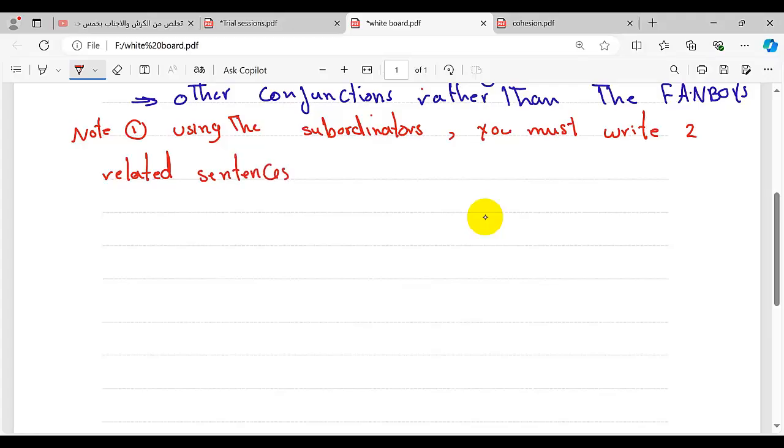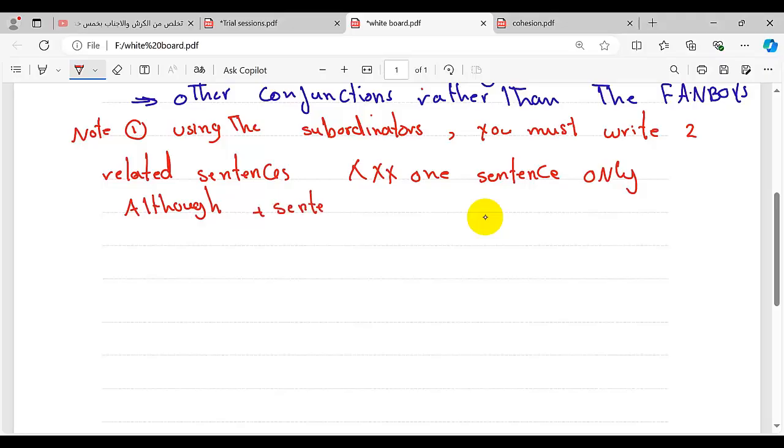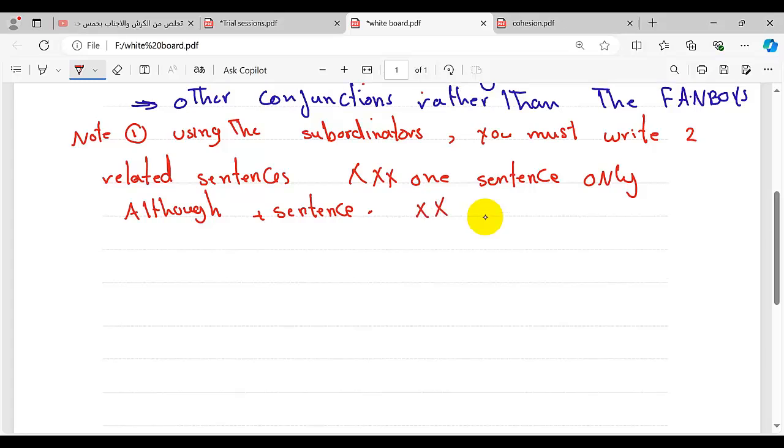So we must write two sentences. Never write one sentence only which includes the conjunction. So if you wrote, for example, although, and follow it by a sentence, then full stop, this sentence is wrong because the meaning is incomplete, and this kind of sentence is named a fragment, which is wrong writing.